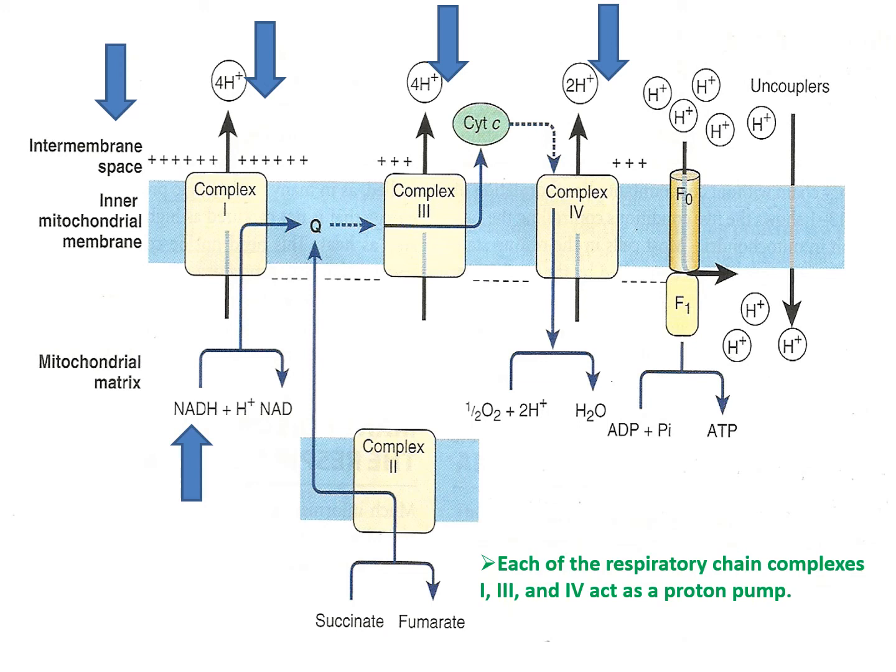These protons accumulate in the intermembrane space, creating an electrical potential difference between the inner and outer membrane. Positive charge outside and negative charge inside, but the inner mitochondrial membrane is impermeable to these protons.